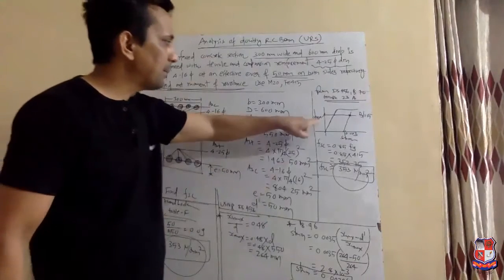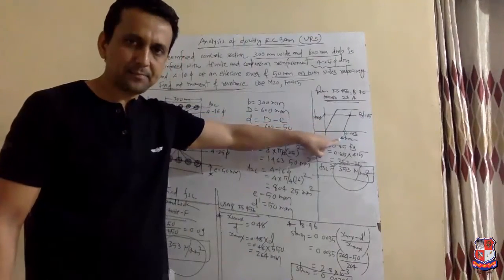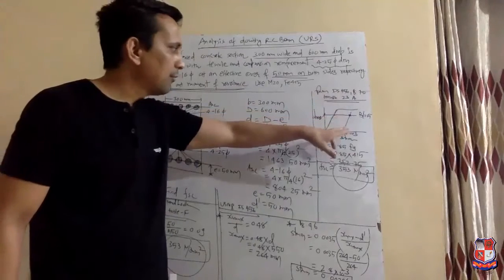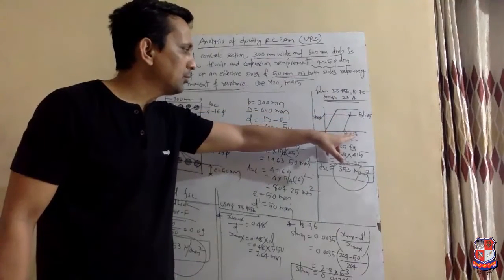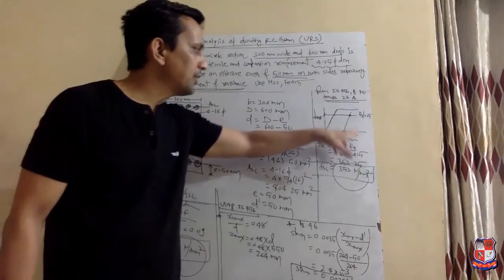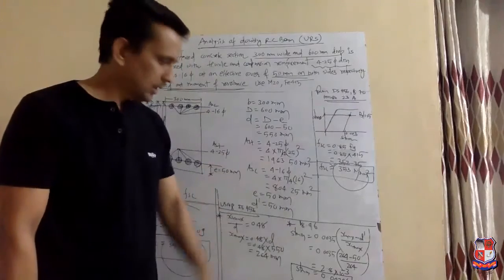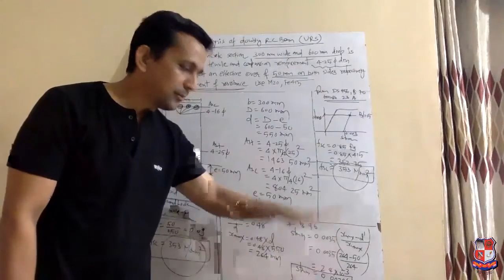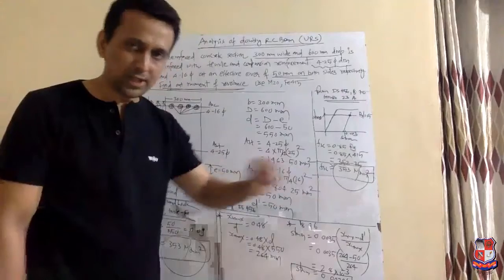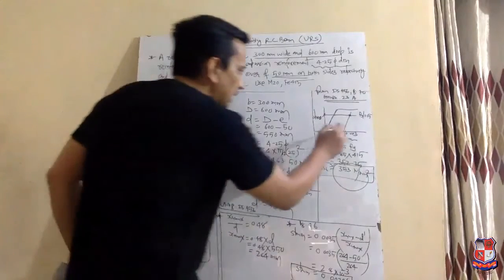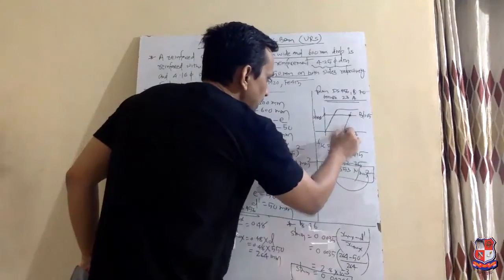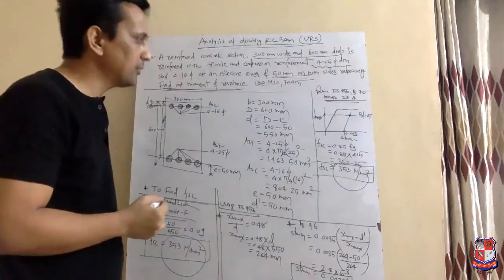So the graph is about stress versus strain. In the graph, the value corresponding to strain 0.003 is given. Our strain value has come 0.0028, so it will come almost near to 0.003.